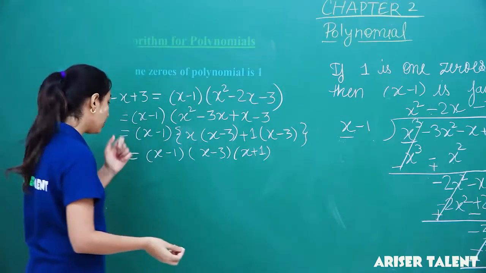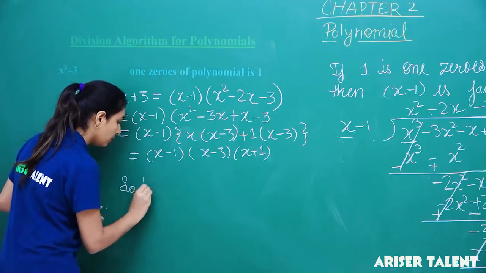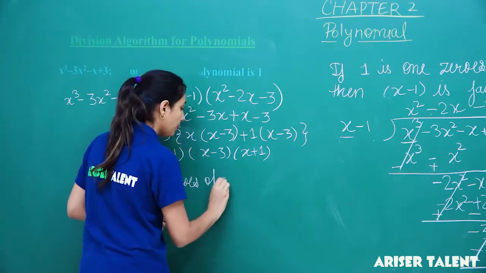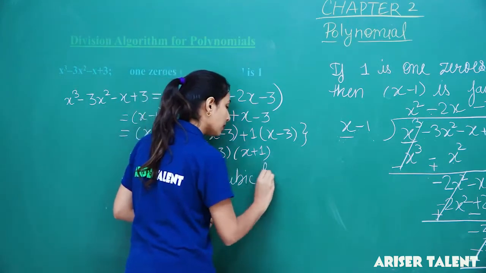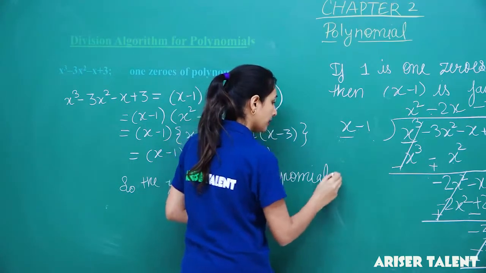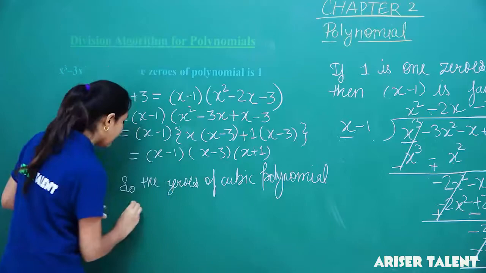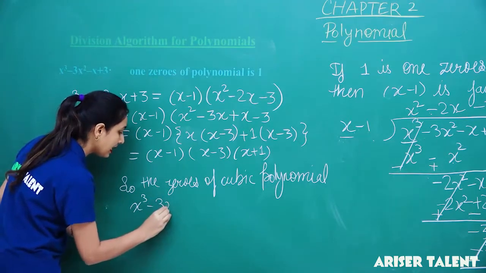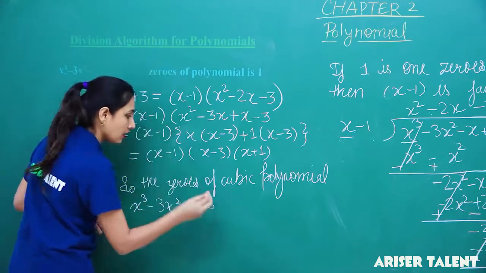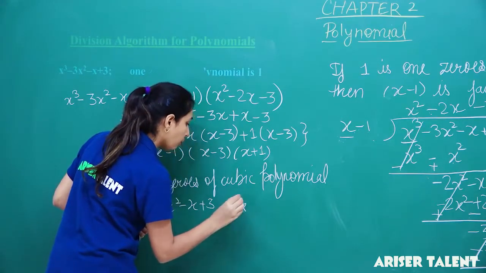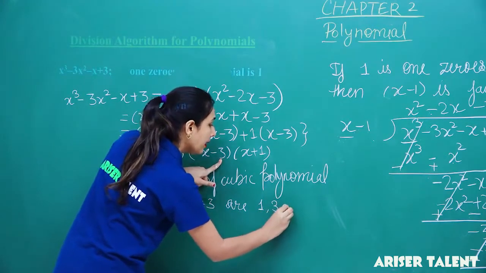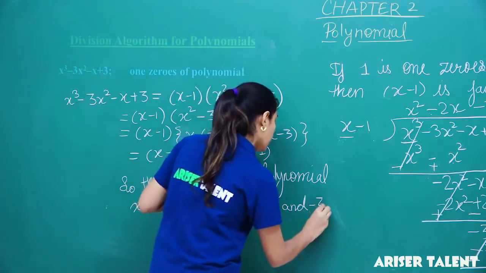So the zeros of the cubic polynomial x cube minus 3x square minus x plus 3 are what and what? 1, 3 and minus 1.